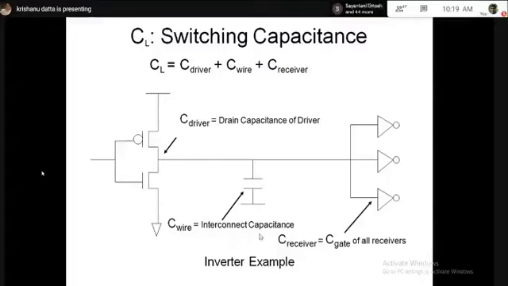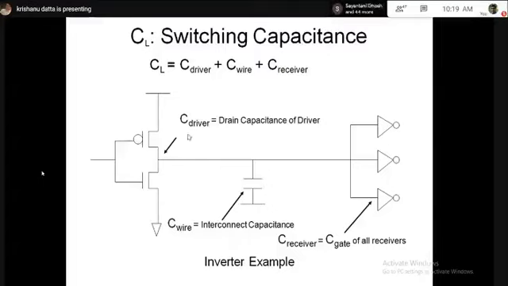In summary, all these capacitances add up to contribute to the total load capacitance. So CL is C driver plus C wire plus C receiver. C driver is dominated by the driver diode capacitance, and C receiver is dominated by the receiver gate oxide capacitance.